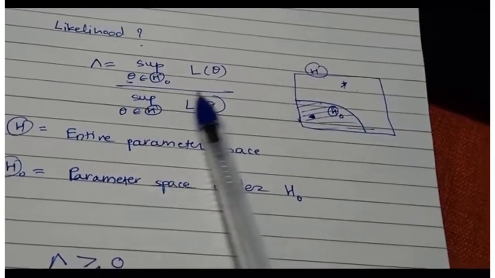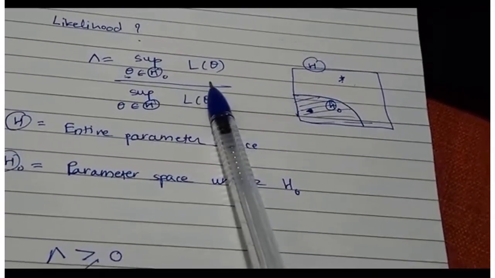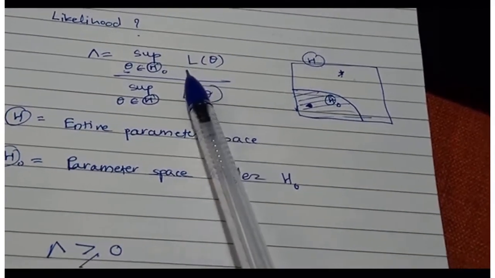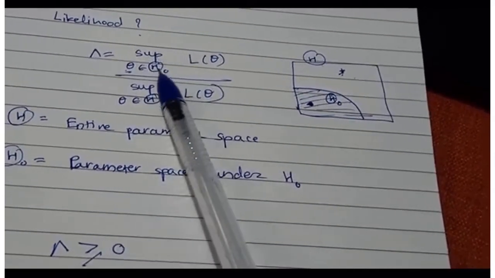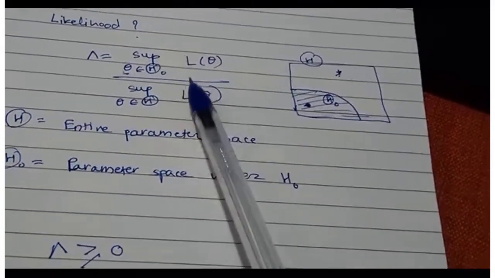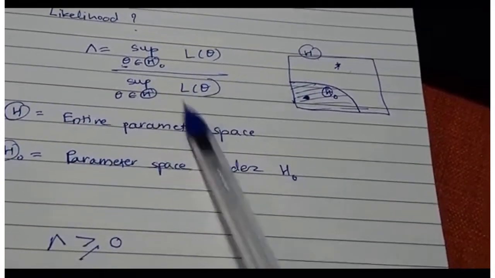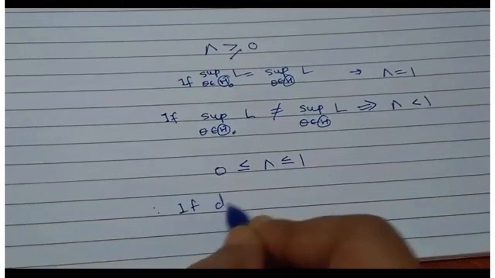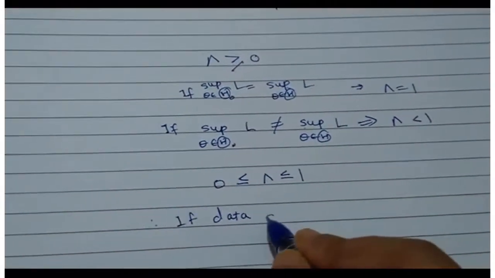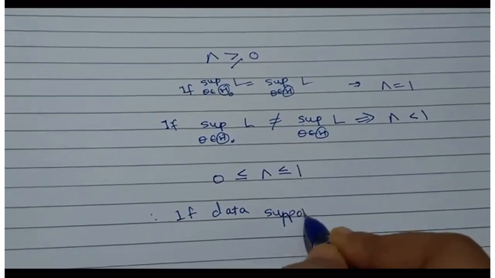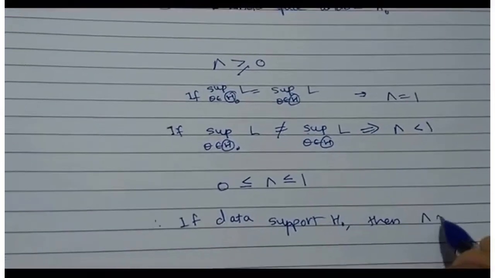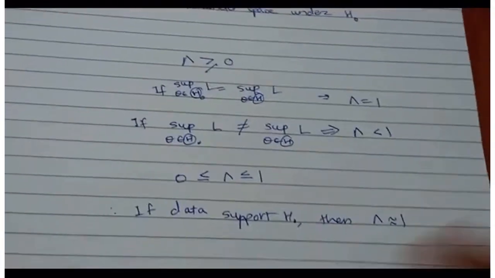As a result, the numerator is likely to be high under H0, because that is what is meant by saying the given data supports H0. So in that case, lambda would be very close to 1. Therefore, if data support H0, then lambda will be very close to 1.